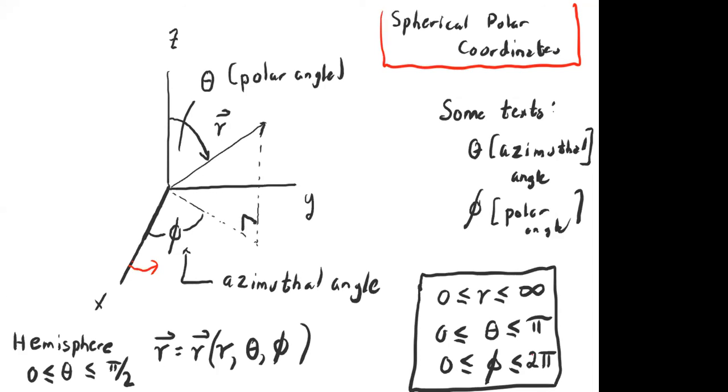So again, two things. This convention here that other people use, you'll see some people, instead of putting theta here, they'll put phi here. Instead of putting phi here, they'll put theta there. That's fine, but that's not what we're doing. And obviously we have to be consistent. So this is the convention we're going to use.